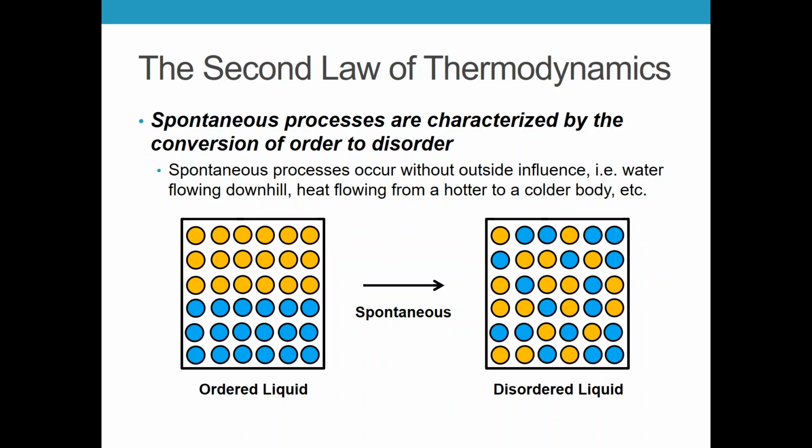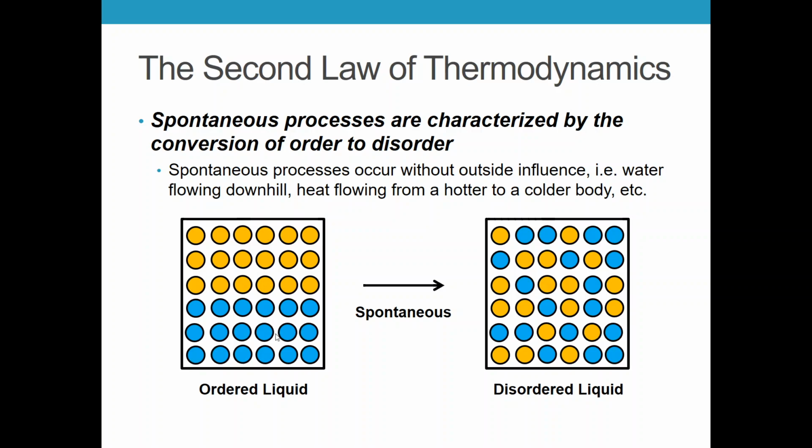Okay, another example. Imagine you're in your kitchen at home and you have a glass of water. Water here would be the blue spheres. You drop in food coloring, shown here as orange.